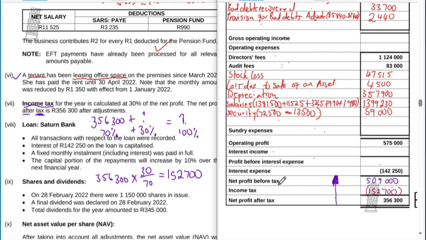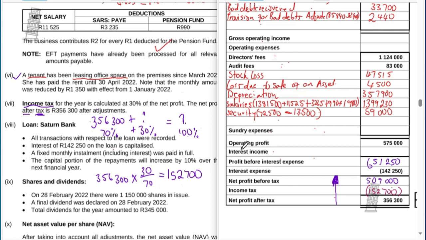Now we know that in order for us to have the net profit before tax, we need to say net profit before interest expense minus interest expense equals net profit before tax. So now we can use an up strategy whereby all the negatives will be changed to positives. So 509,000 plus 142,250 equals 651,250.